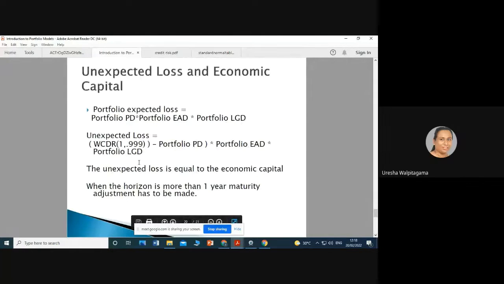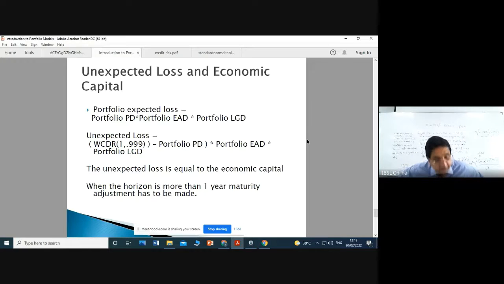Now, in a practical scenario, with this economic capital value, what sort of decisions can we make? It's like this. When you calculate the regulatory capital, it is basically used to absorb the normal, expected losses.